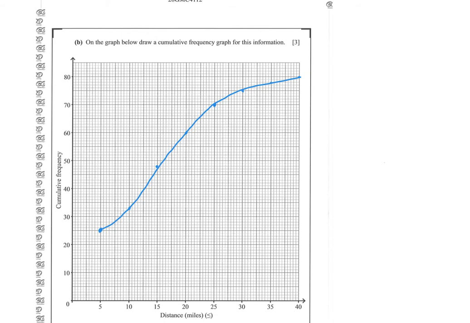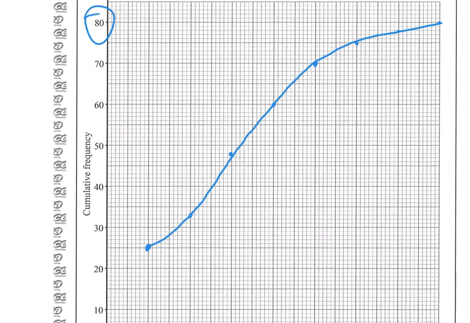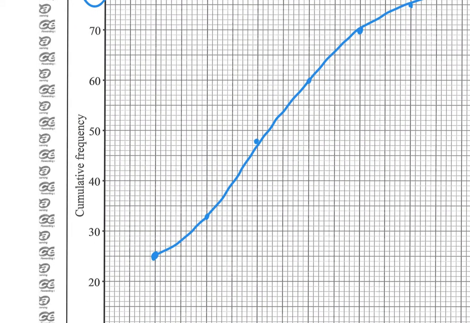Okay, what it says in the next part of the question over the page, it asks you to find the median distance. Now, if you remember, we have 80 values as our total. So half of 80 is 40. So all you do is go across at 40 using your ruler, which I haven't got. So you're using your ruler and you're going across here, and I would put a nice dashed line using my ruler. And this is where it met.